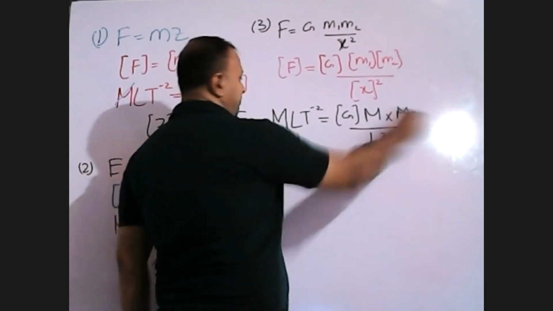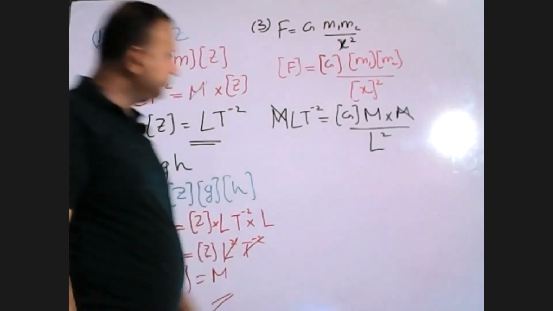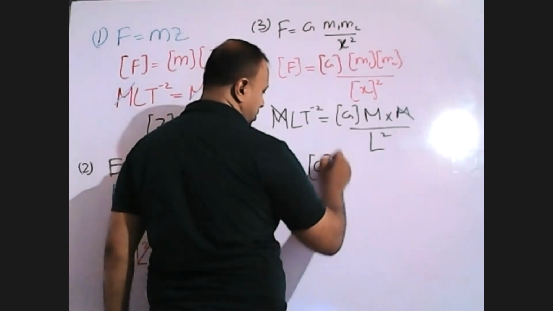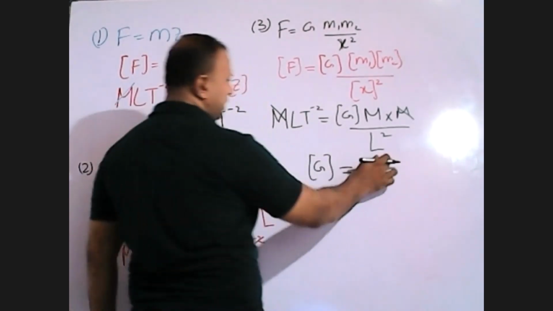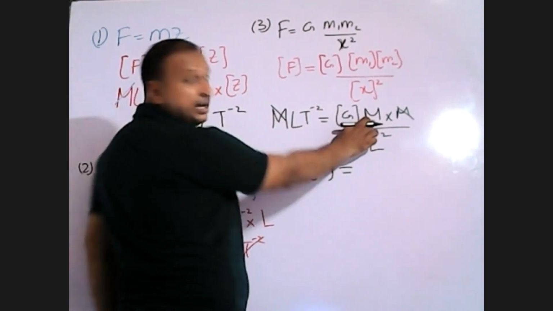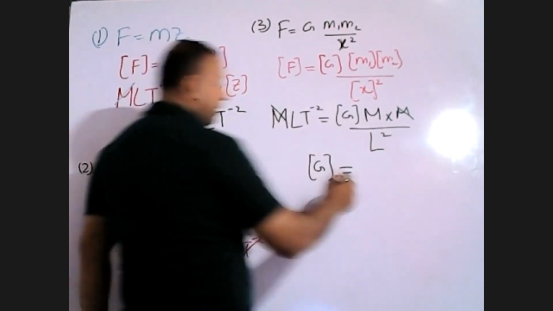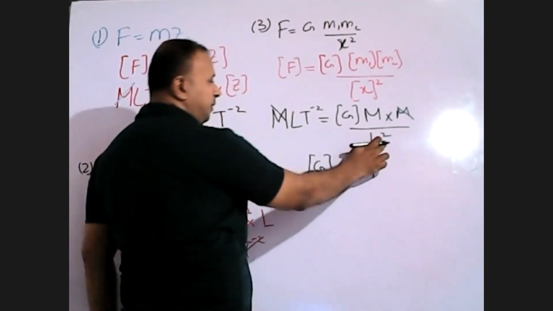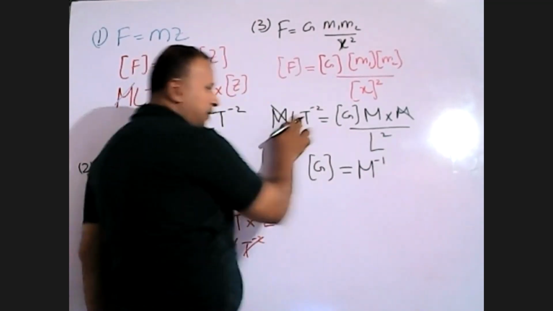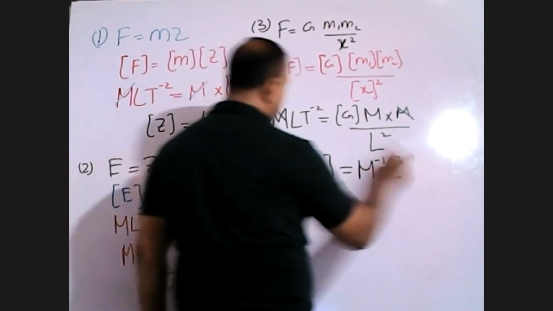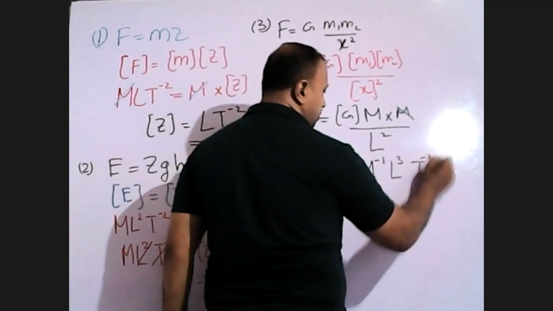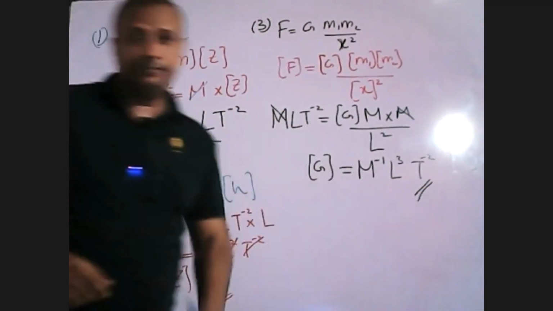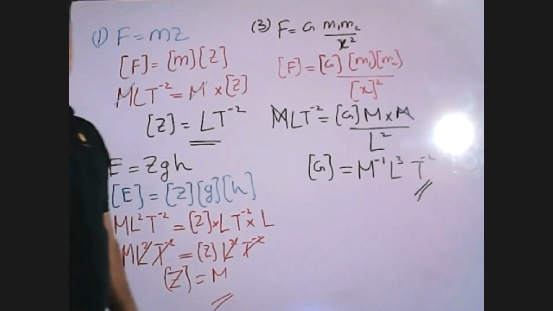So one M will be cancelled out with one M. Then if I subject G, there is an M, so it will become minus M, L to the power 2, L to the power 1, that means L to the power 3, T to the power minus 2. Make out this one. Yes, sir. Okay, very good.